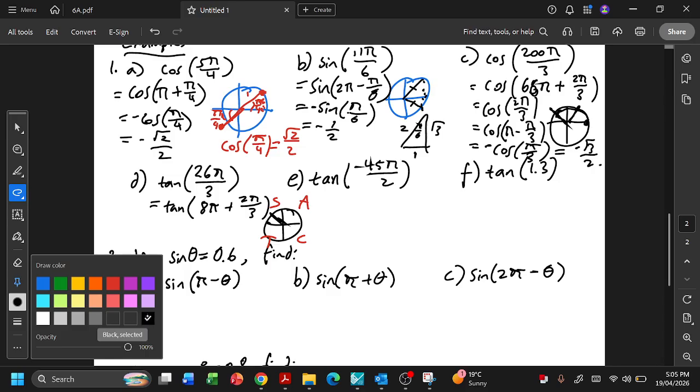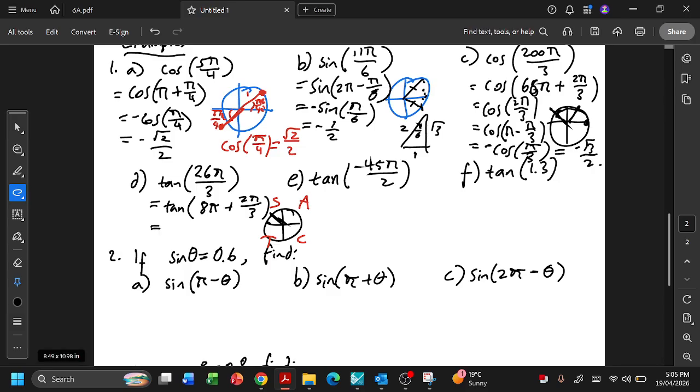So that just tells us that this answer is going to be equal to tan of 2 pi on 3, which is the same as pi minus pi on 3. That's going to be equal to the negative of tan of pi on 3. Okay, so negative, and I know I've run out of space, but let's just do it over here on the side here.